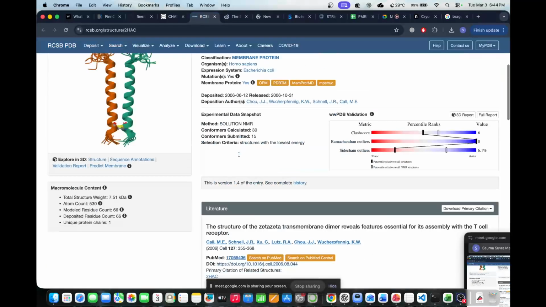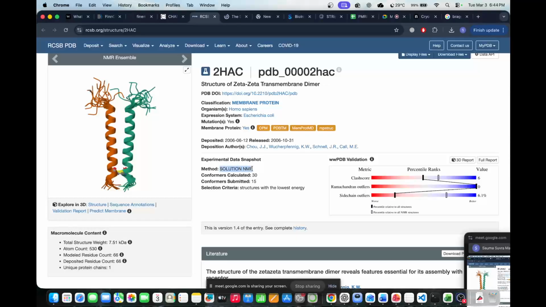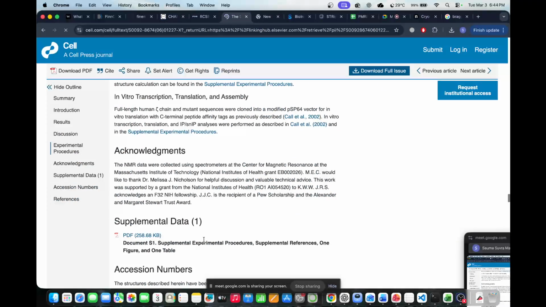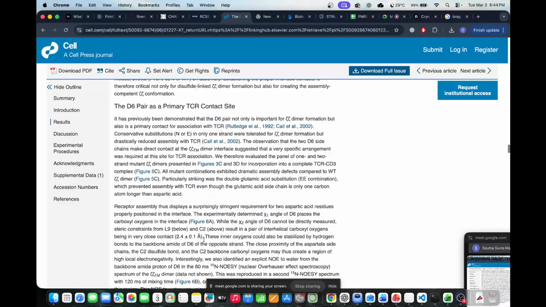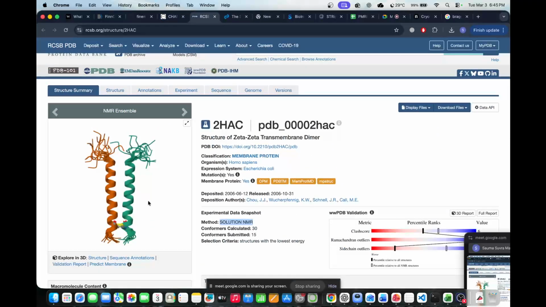In the database also, I think, yeah, solution NMR has been used, not X-ray crystallography. But it'll tell you what kind of method has been used and give you the paper associated with it, and you can just go through it and see what methods they have used.